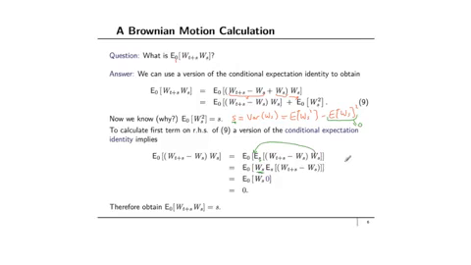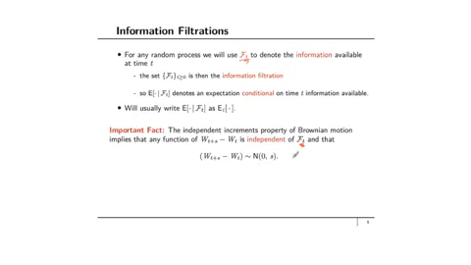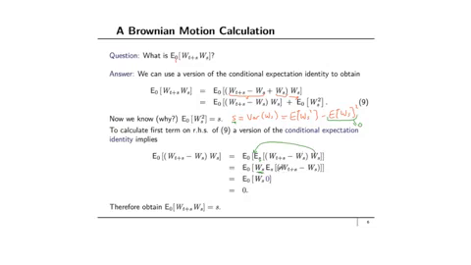But that important fact over here, let's call this star, tells me that this is normal with mean 0 and variance, in this case, t. And it's independent of Fs. So therefore, this inner expectation has expected value 0. And that's where the 0 comes from, and so I get 0 here. And so what we've shown is that the expected value of W(t+s) times W(s) is equal to s.